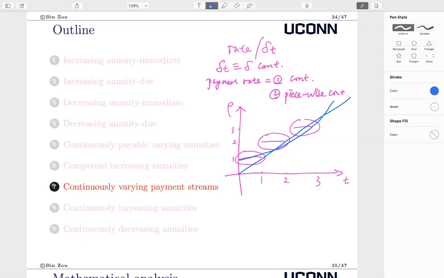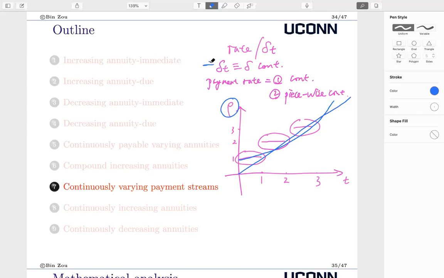So in those cases, we deal with continuously payable increasing annuities, except that now how the rate increases is captured by a function which we call rho. Now rho is a lot more complicated because it may not be piecewise constant. It can be something quite complex for you to model.